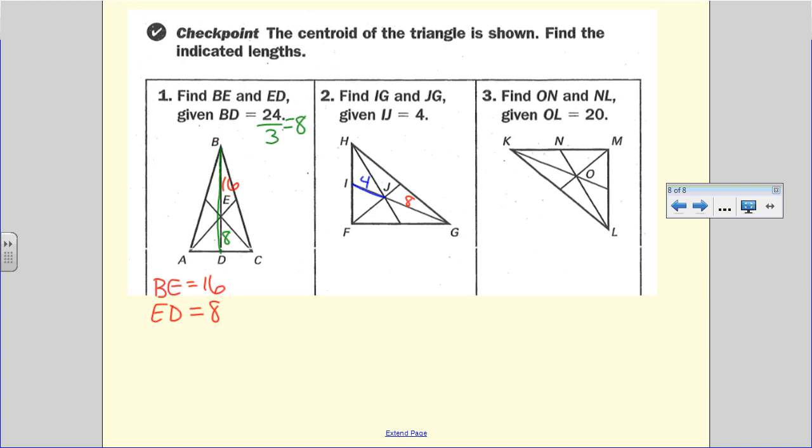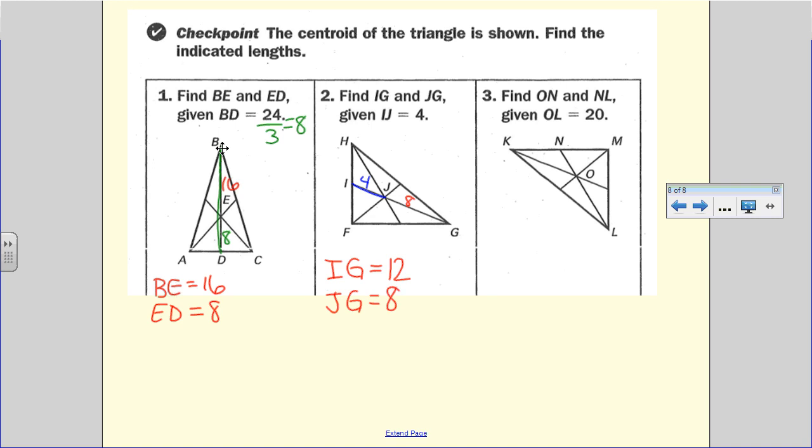I know I found the two parts of the interior segment. So I'm going to go back and see what they want me to find. They want me to find IG and JG. So IG is the entire median, so I add those together and get 12. JG, we already labeled, and we get 8.